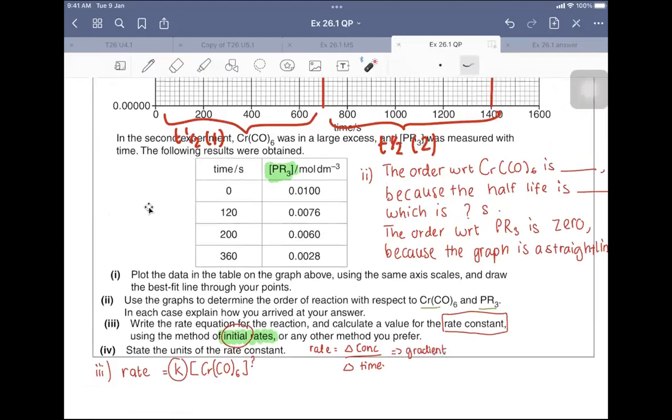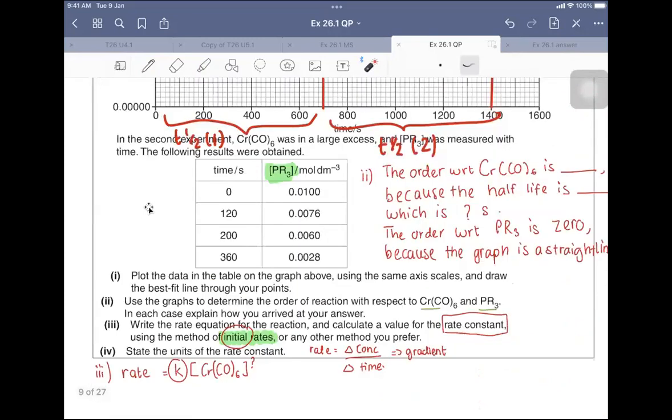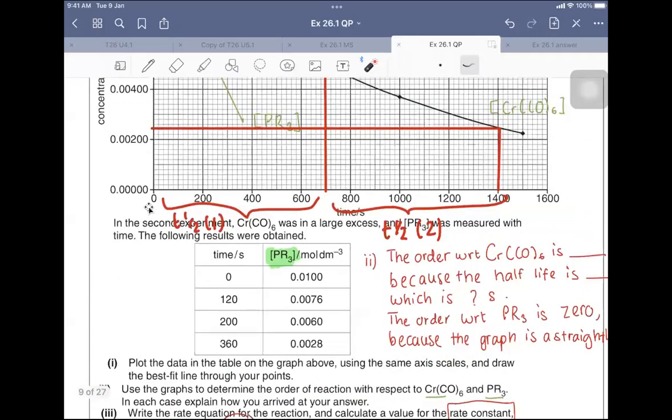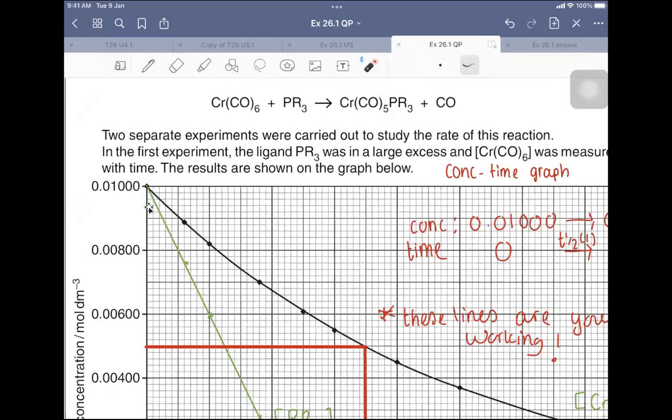Now, we are only using the chromium complex data because the PR3 is not shown in the rate equation. So we will leave the green graph alone. So how do I find my initial rate? That means it's the gradient at t equals to 0.